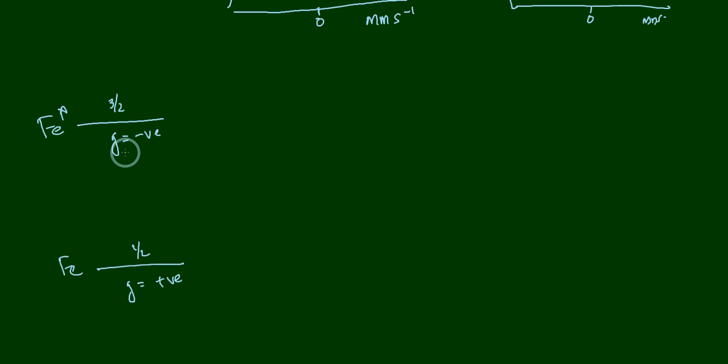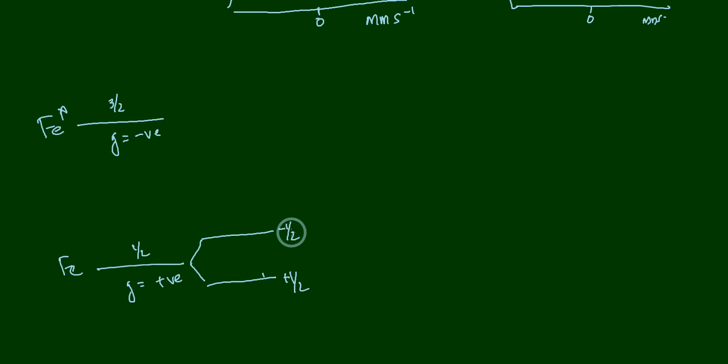So the sign of G determines which Iz value will have a lower energy and which Iz value will have a higher energy. Since the G value is positive in the ground state, the splitting will be like this: I equal to plus half will have a lower energy, and I equal to minus half will have a higher energy.